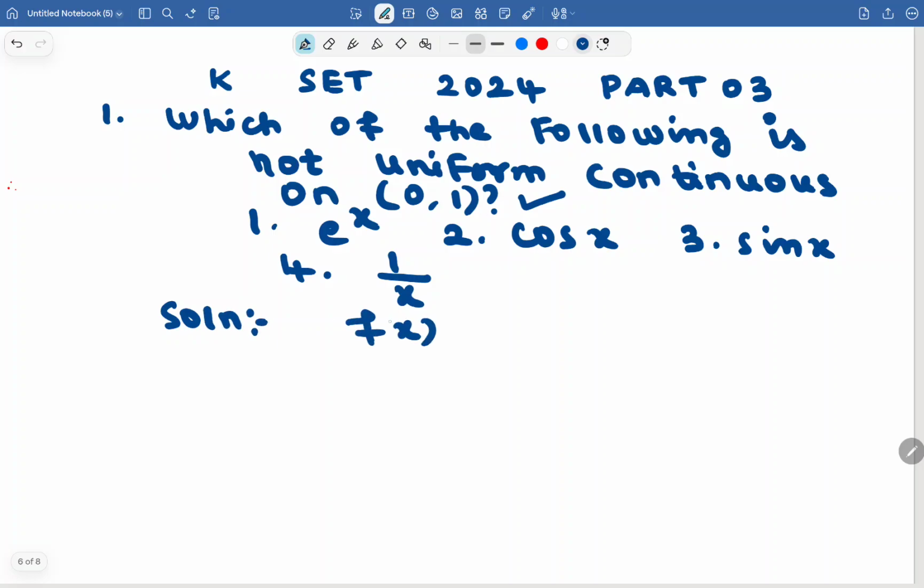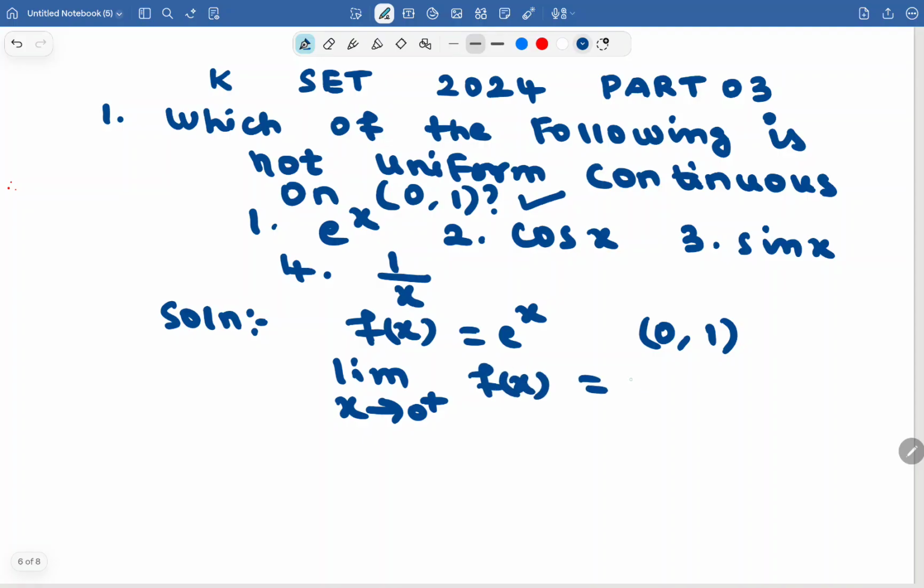Solution: let f(x) = e^x on the open interval (0, 1). Find the limit as x tends to 0 plus of f(x), which is equivalent to the limit as x tends to 0 of e^x, which is e^0 = 1.